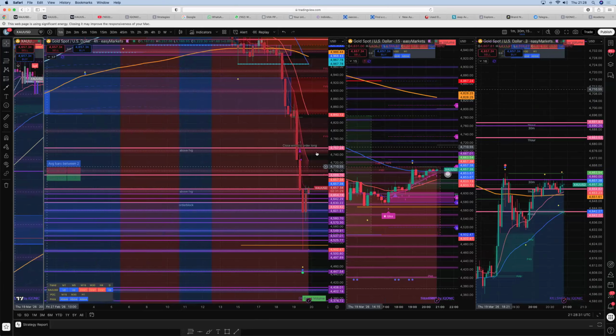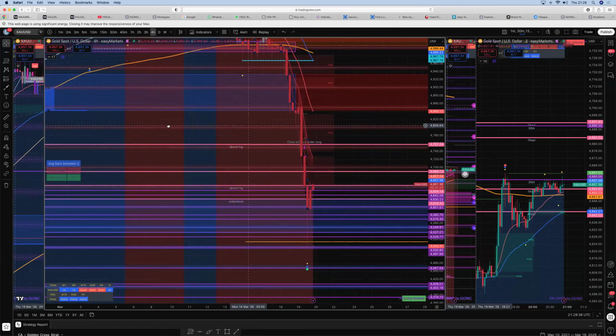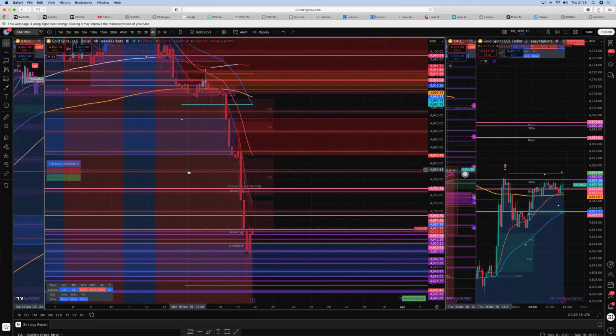Right. I literally put information in the chat today. And I said, family, look, forget the purple lines, ignore the purples, right? I literally put a picture in. These were my zones. I was saying about a sell, right? These were my zones.